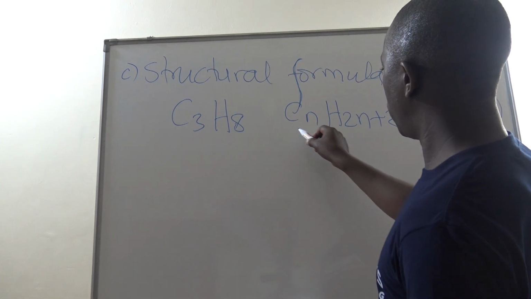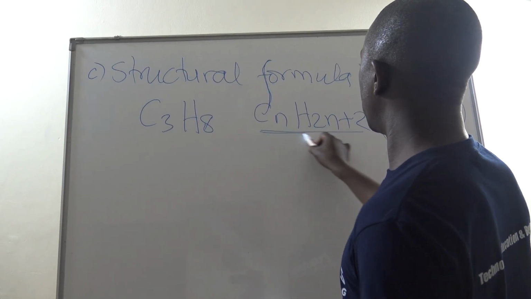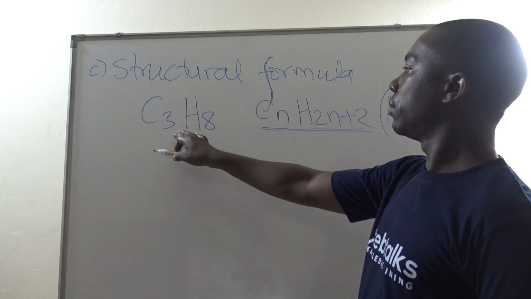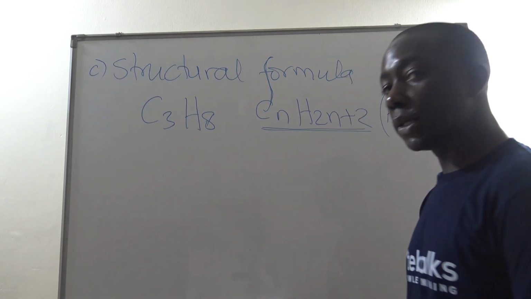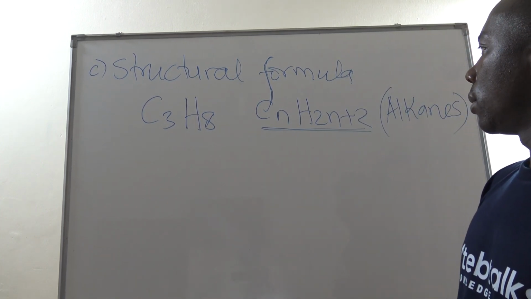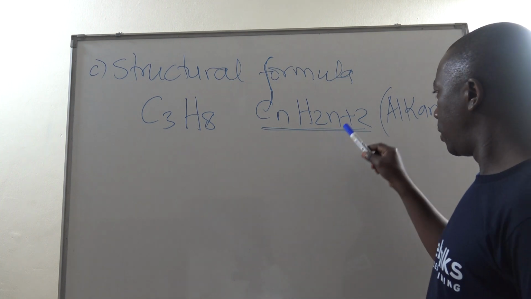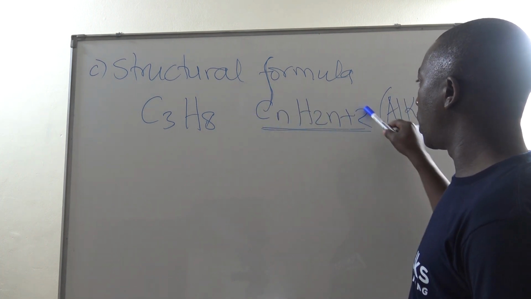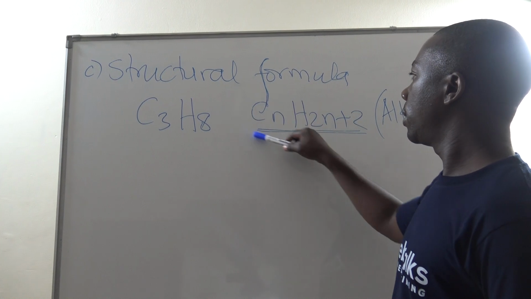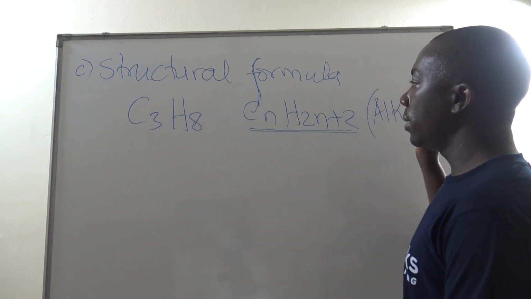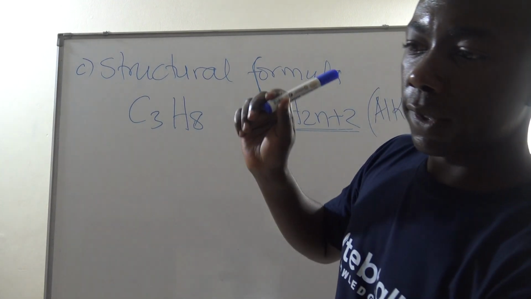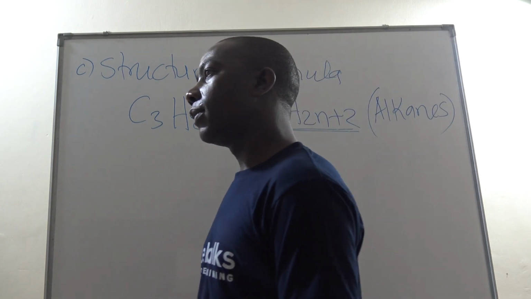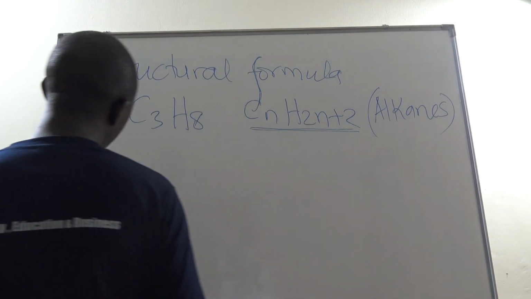Of course, we are yet to look at this, but I'm simply bringing it in to look at the homologous series to which our hydrocarbon Q belongs. Once we realize that it conforms to this general formula, then we shall know it is an alkane. And after knowing that it's an alkane, we shall know it is composed of carbon-carbon single bonds, which are sigma.